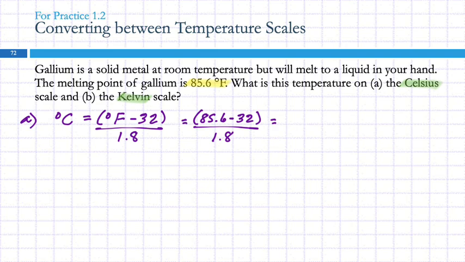I'm going to do this on my calculator. You need to be a little bit careful. Probably a good idea to use parentheses up there so that you don't end up doing something else and getting the wrong answer. So my calculator is showing me 96.48.